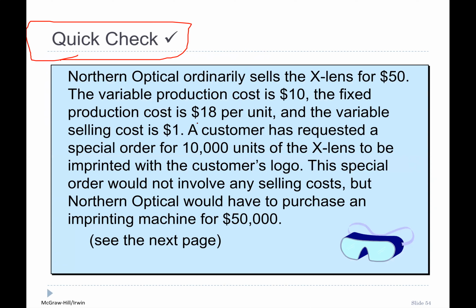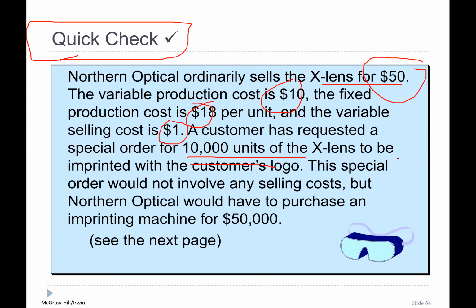So we have Northern Optical Company, which ordinarily sells X lens for $50. The variable cost is $10. The fixed cost is 18. And the variable cost of selling is 1. A customer has requested a special order of 10,000 units of X lenses to be imprinted with the customer's logo.